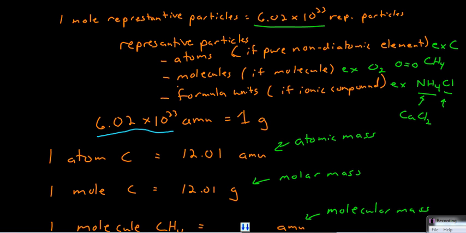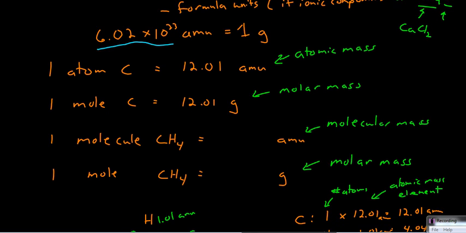And so because of that relationship, we can say that though 1 atom of carbon on average, considering all the isotopes of carbon and weighting their average on Earth, you find that 1 atom has a mass of 12.01 atomic mass units, and similarly then 1 mole of carbon has the same number, 12.01 grams.